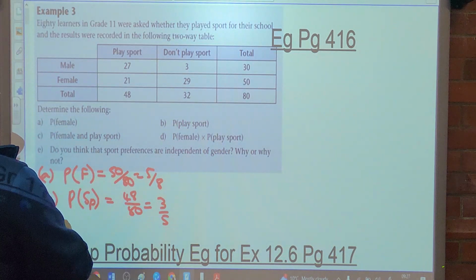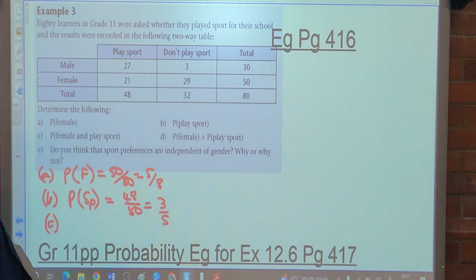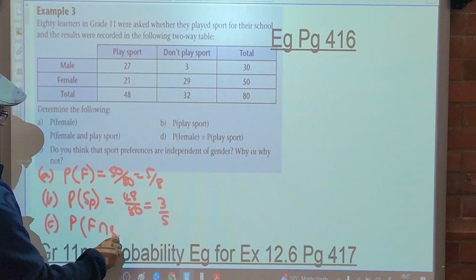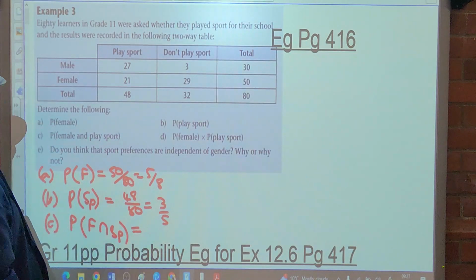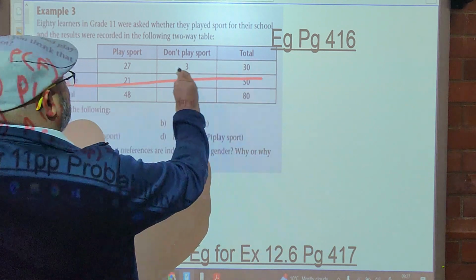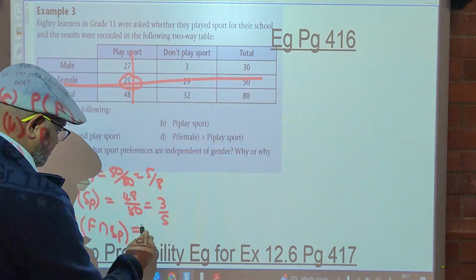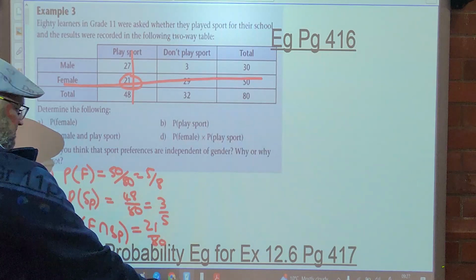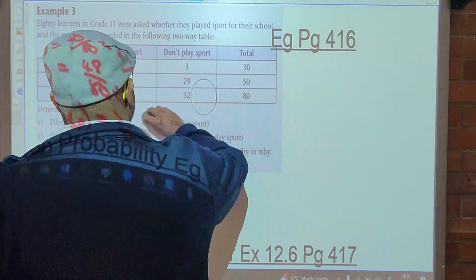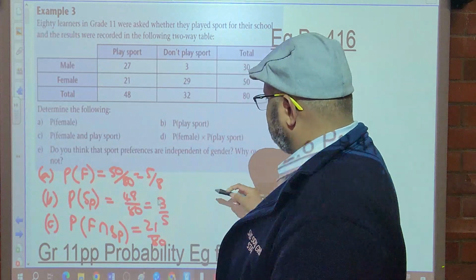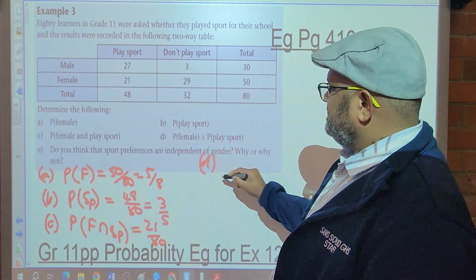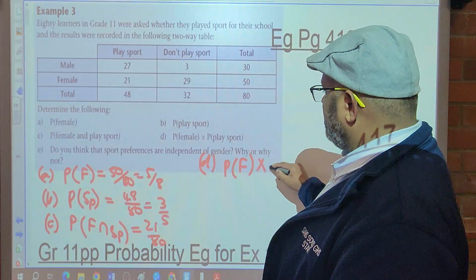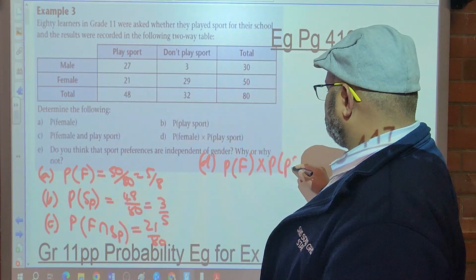Okay, let's look at C. Probability of female and play sport. Female and play sport. 21 out of 80, and I think that's in the simplest form, no? Okay. Let's look at D. The probability of female times the probability of play sport.